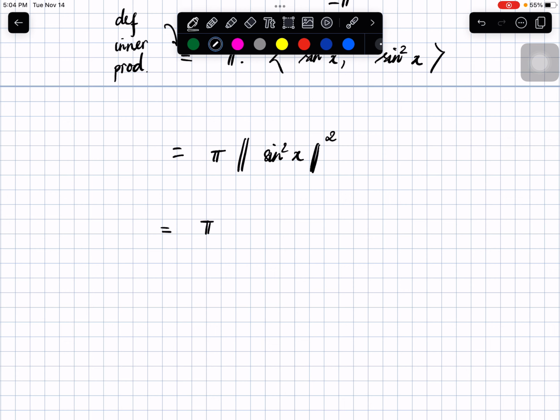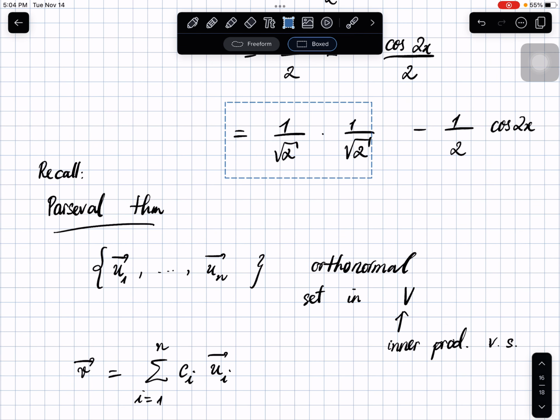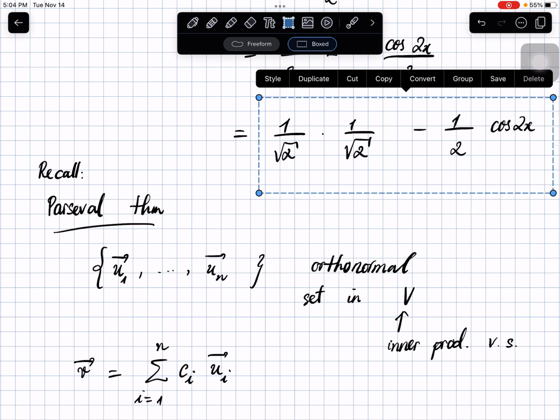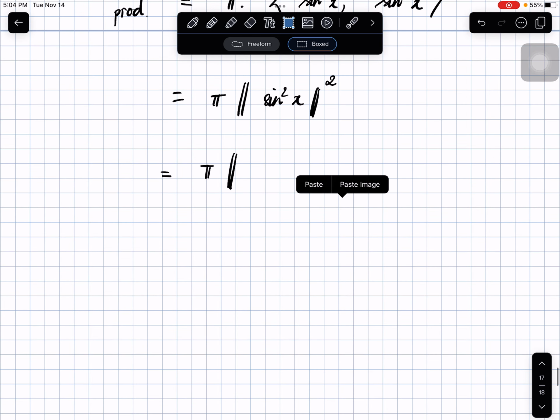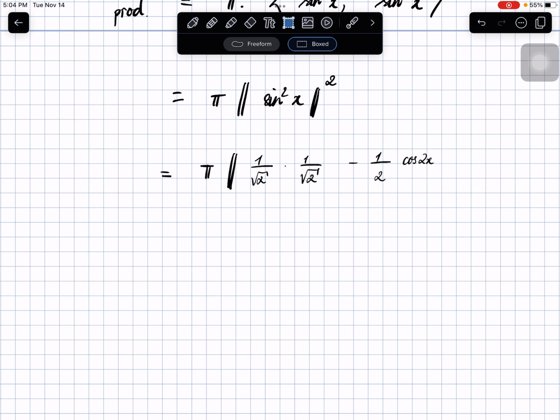So pi is still there, and we have the linear combination we computed before. Here are our coefficients, by the Parseval formula.